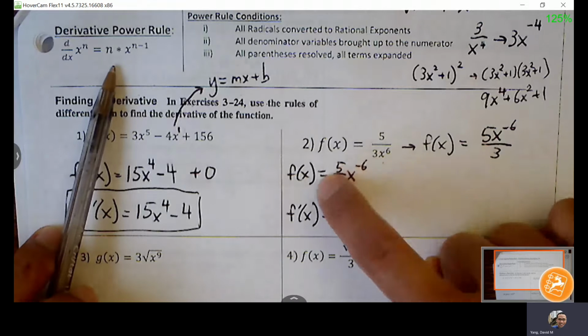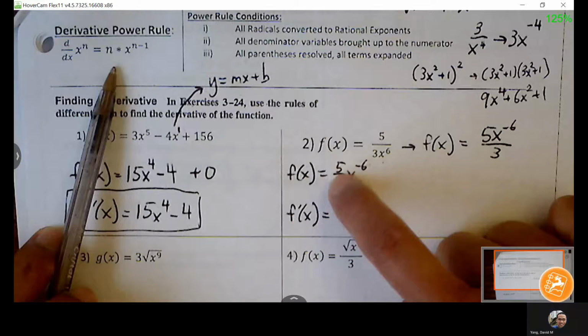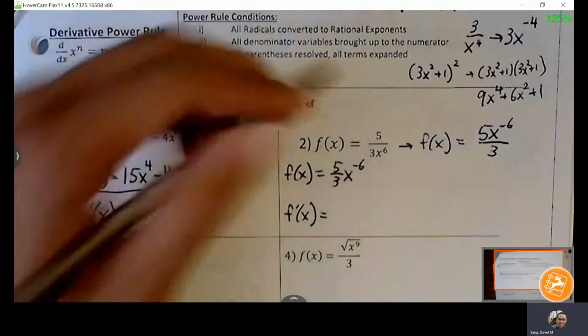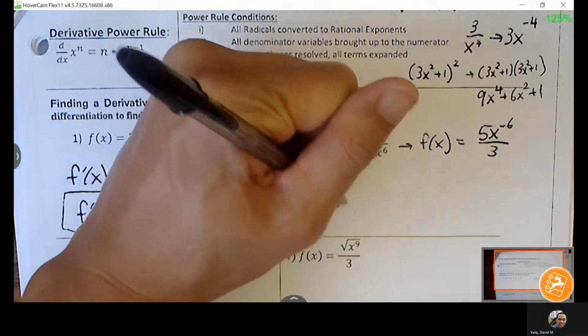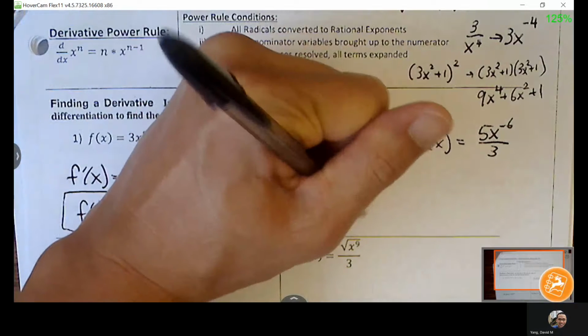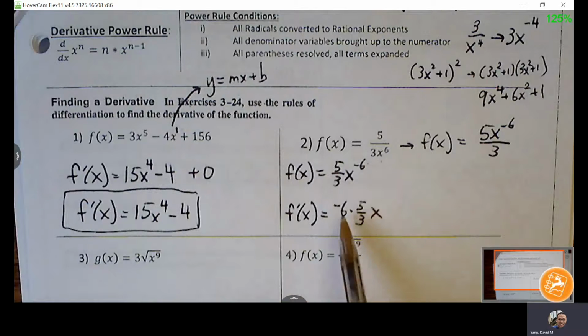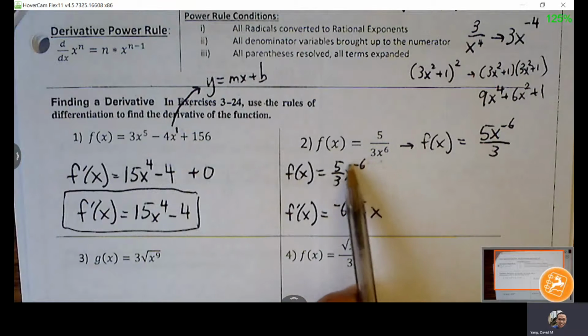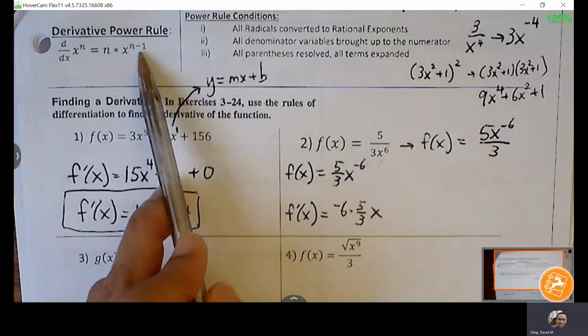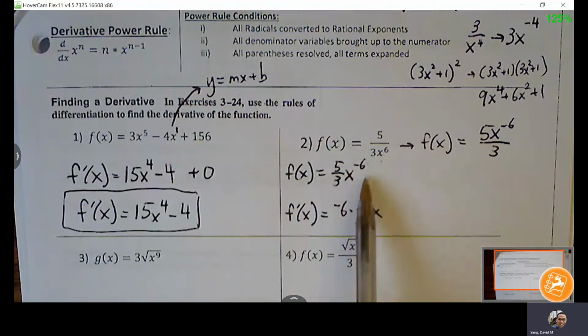Good, right. So -6 comes down. That deals with it as a coefficient in front of the 5/3. And then once that -6 comes down, we take the time to finish the rest of the power rule, which is subtracting 1 from that initial exponent.